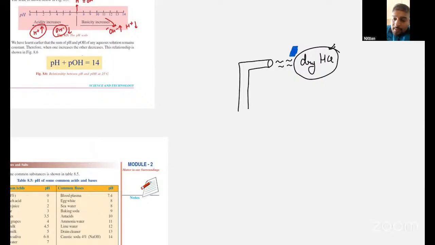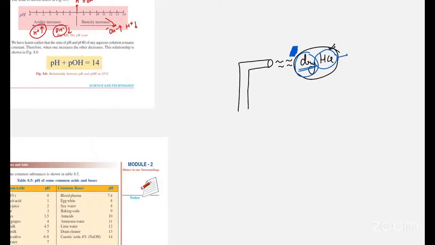Red color. But dry HCl is there. Practically, HCl is an acid, so it should turn red, but it didn't turn. Do you know why? The word is dry.